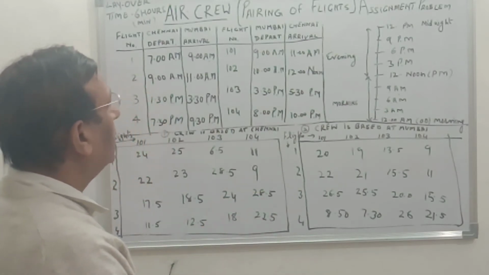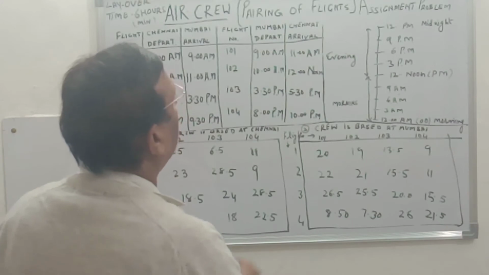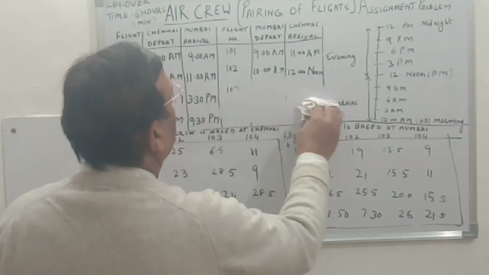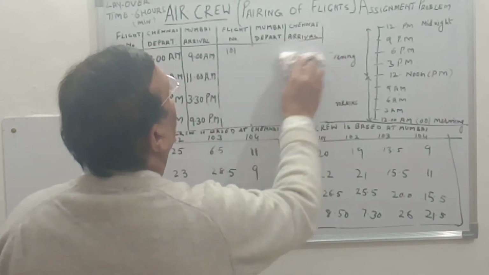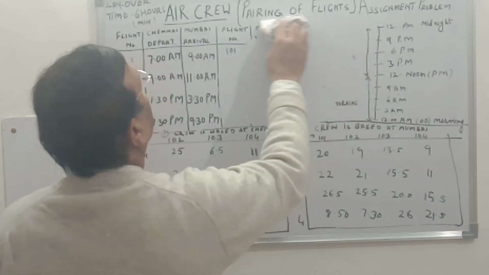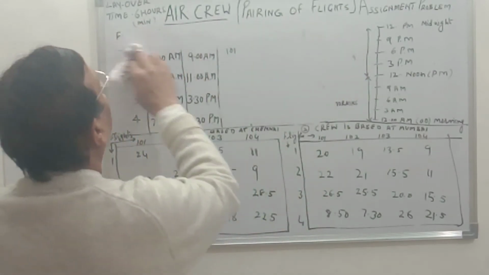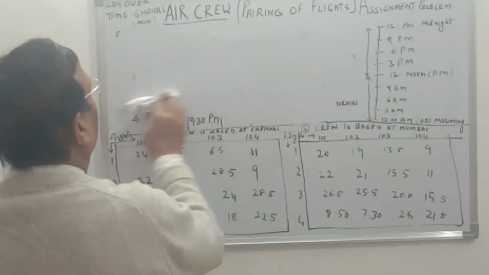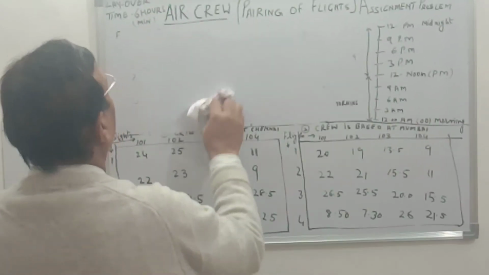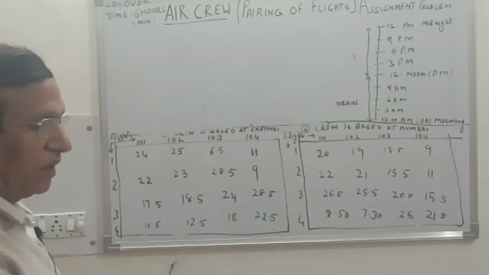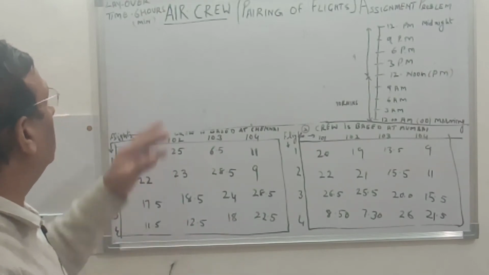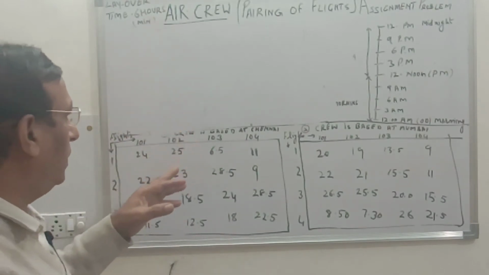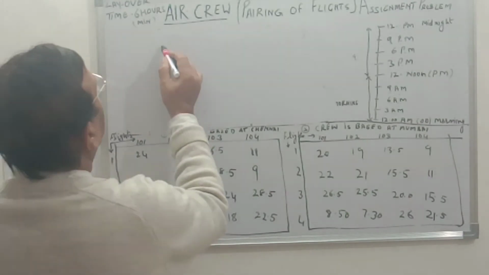Now the third table, then we will make it as per our requirement of the Hungarian assignment method, and this requirement will be that we want to calculate the minimum layover time, because the problem is of minimization, time is to be minimized. We will make another table.